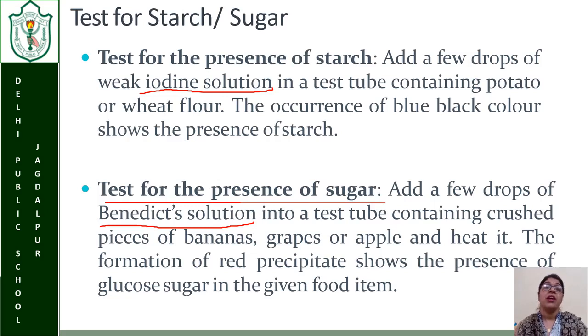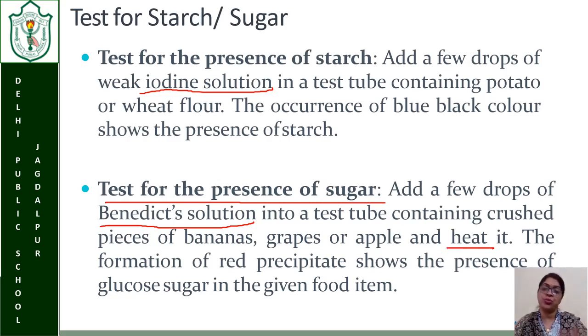So generally, we can take any fruit, whether grape juice, some crushed apples, or some crushed bananas. If we take those fruits in the crushed form or in the juice form, and we add Benedict solution to that and then we heat it, we have to heat it.